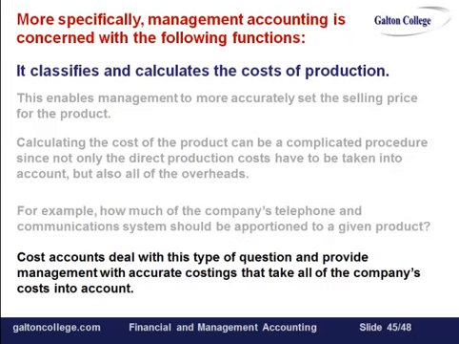Cost accounts deal with this type of question and provide management with accurate costings that relate to the company's costs. Now, I say accurate costings, well, as accurate as can be. I guess like all areas in life, mistakes can happen, or the procedures may not be followed completely, or errors can creep in.